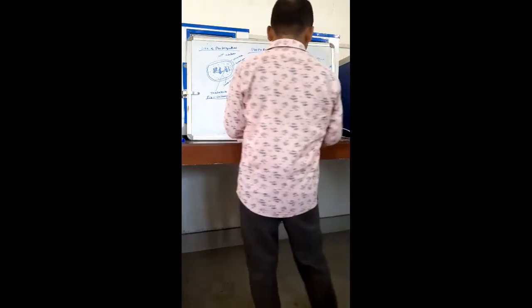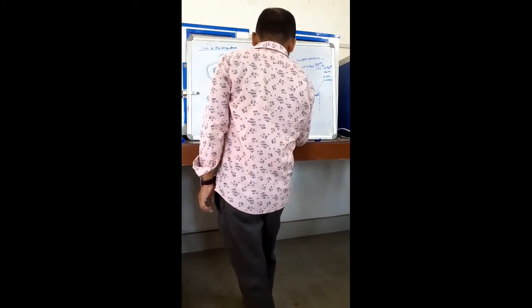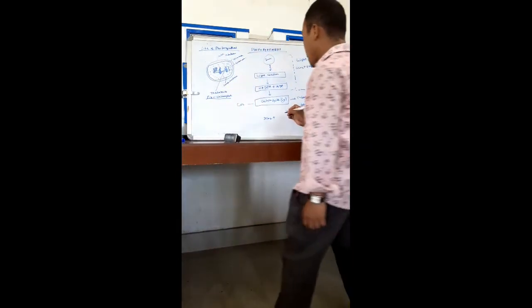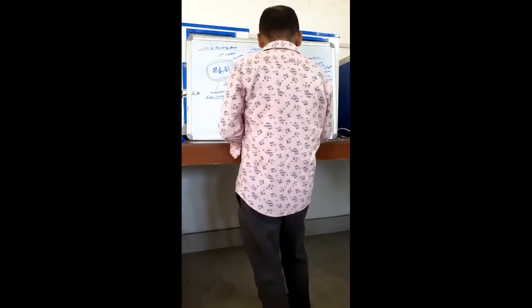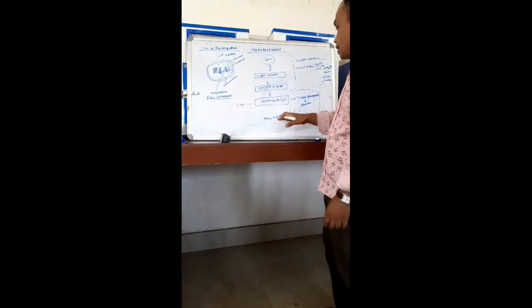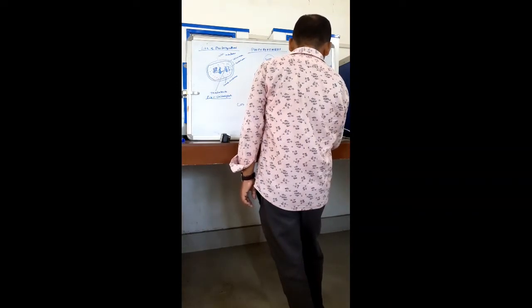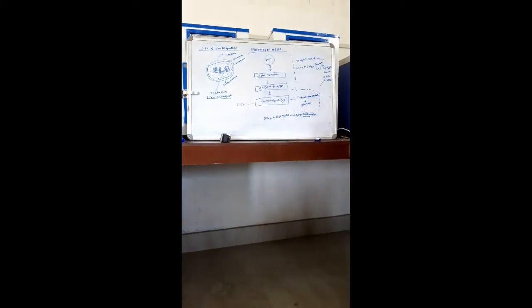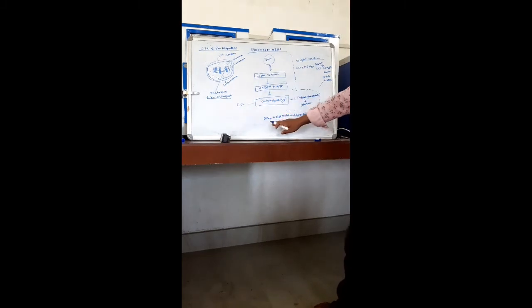So during the dark reaction, what happens? The equation is like this. 6 molecules of carbon dioxide obtained from photosynthesis are fixed with the help of the Calvin cycle.